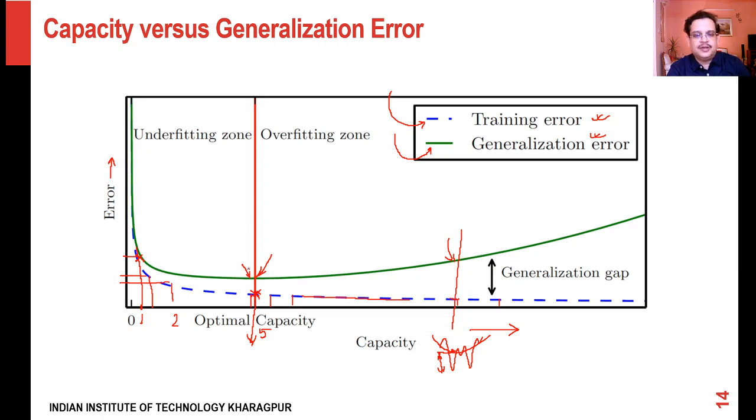Why do we have a gap between the generalization error and the training error even for the model with the optimal capacity? Now that is again true because all we are doing in learning is trying to find a function which mimics the behavior of the actual function. What the actual function is, the function from which the data is getting generated, we do not know.